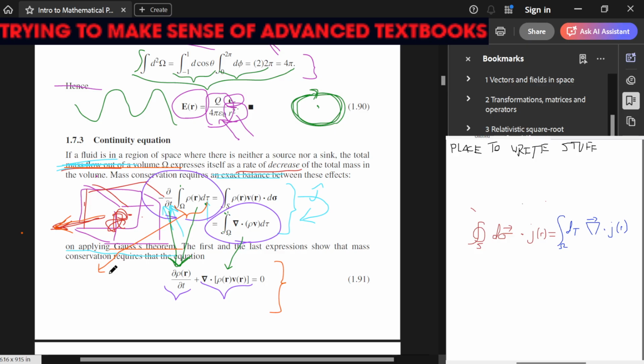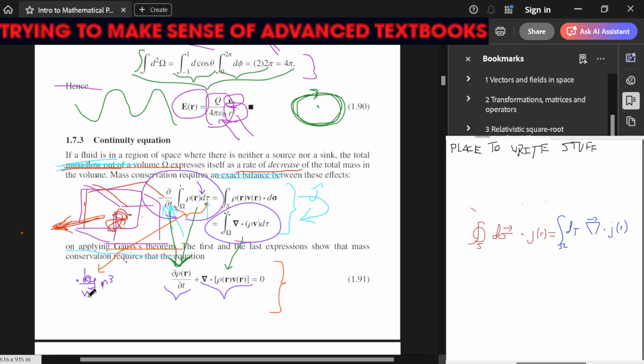They're summing up for every point in the volume, every little section, the density, which is mass over volume, kg over m cubed, and the tau is just m cubed.